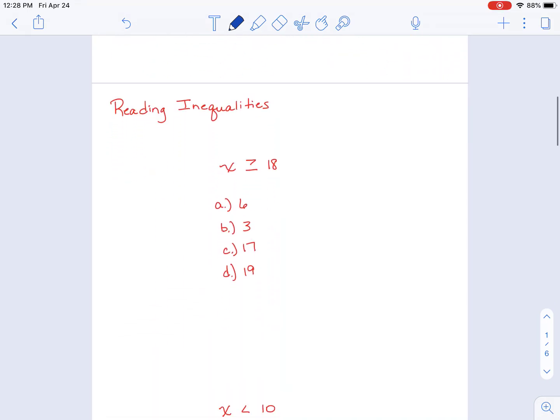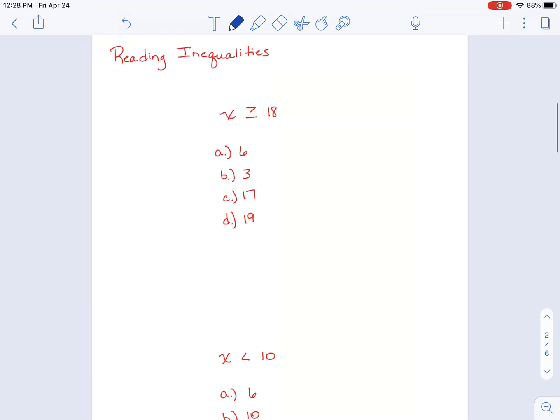And then reading inequalities. Now, you're going to have questions like this where it says X is greater than or equal to 18. If you don't know if it's greater than or less than, then go ahead and graph it. That helps. So, okay, here's 18. Since it has that equal to, you know it has to be filled in.